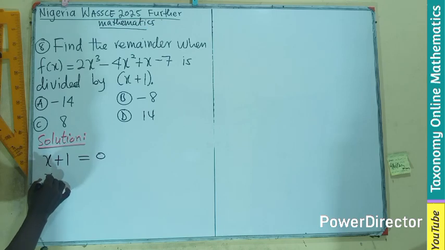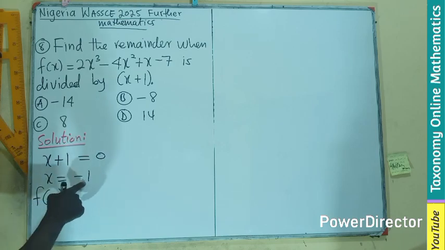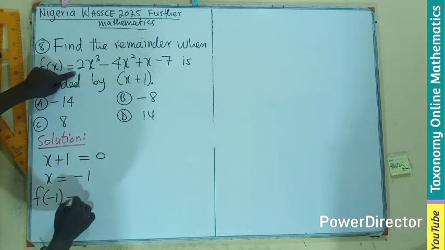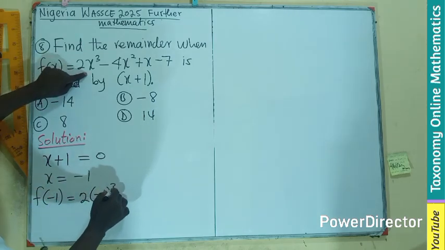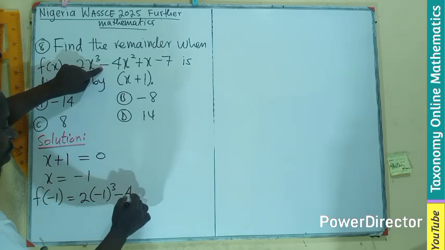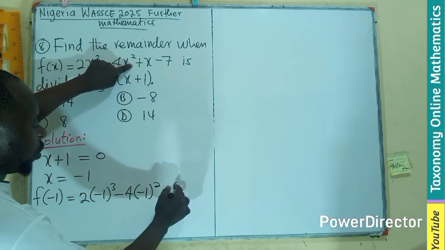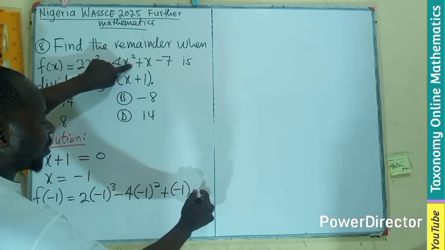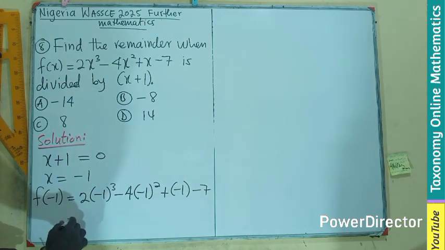That means we'll be having x = −1. So if the function of x is changed with the −1, changing the x with −1, then this will become 2(−1)³ − 4(−1)² + (−1) − 7.